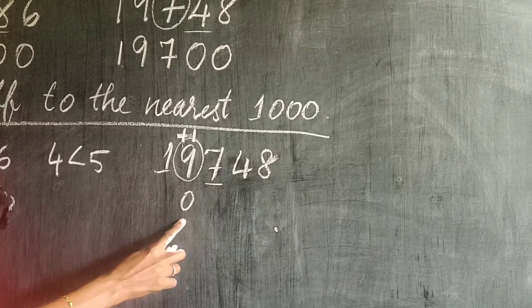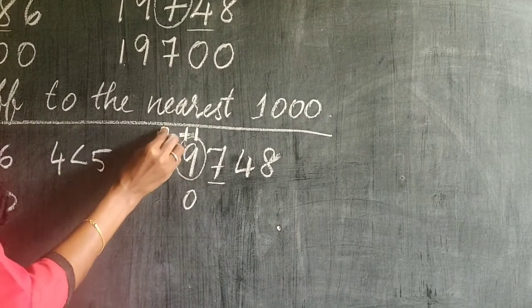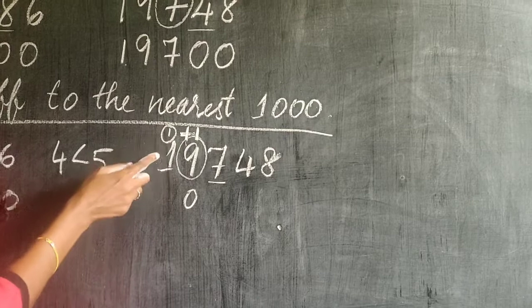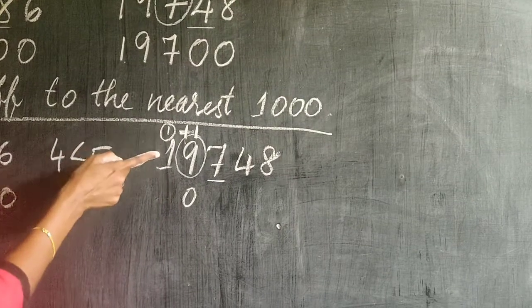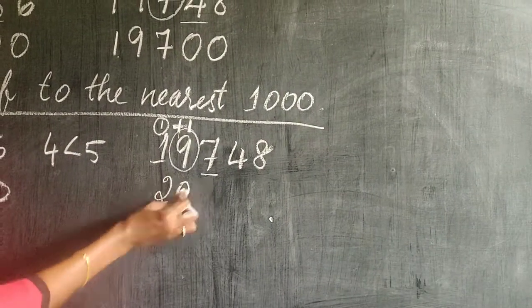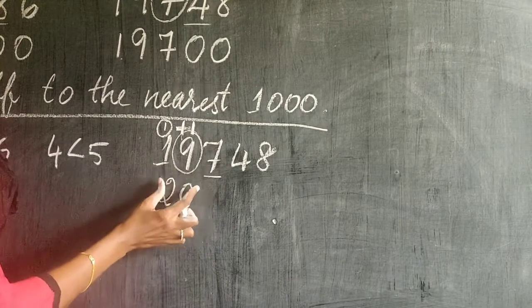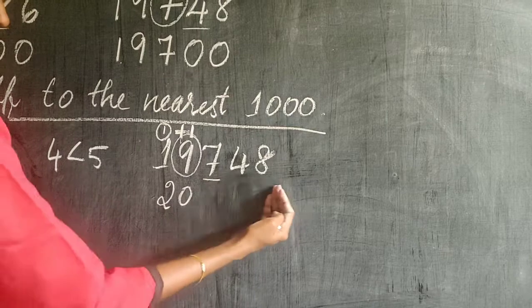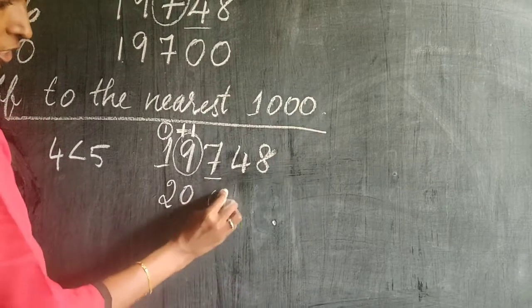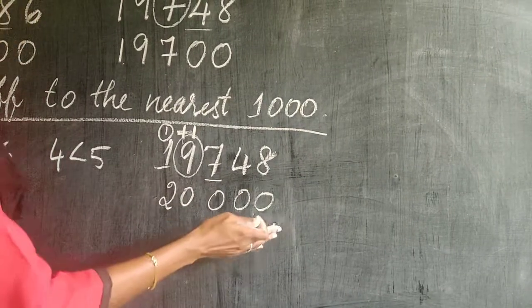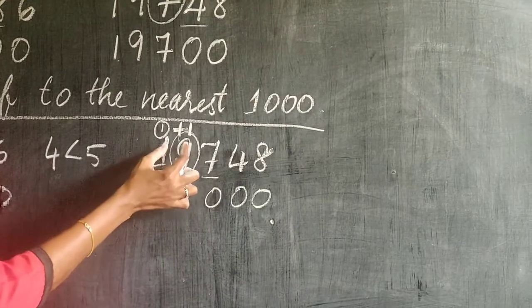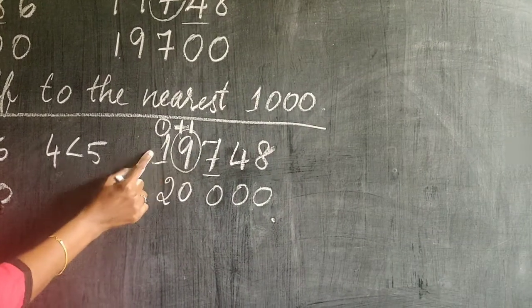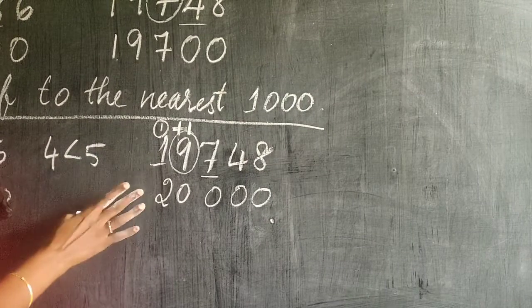You cannot write 10 here, only 0 you write, and that 1 you have to carry and add with these digits. So 1 plus 1 is 2. Now this is changed. The 3 digits on the right side will all become 0. So when 9 comes, there will be a change on the left side. Otherwise there will be no change, it will remain the same.